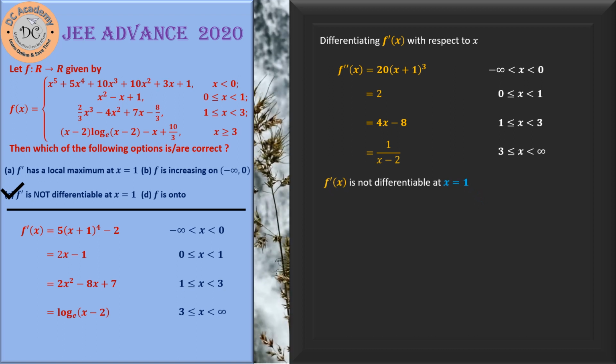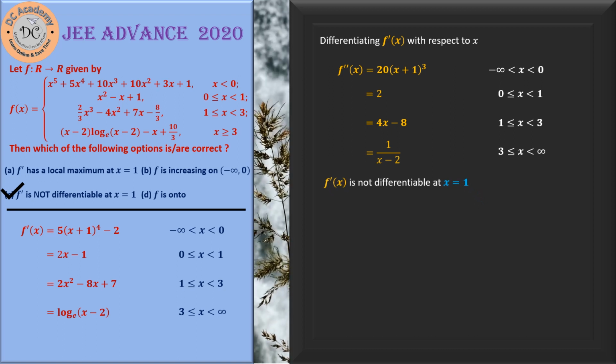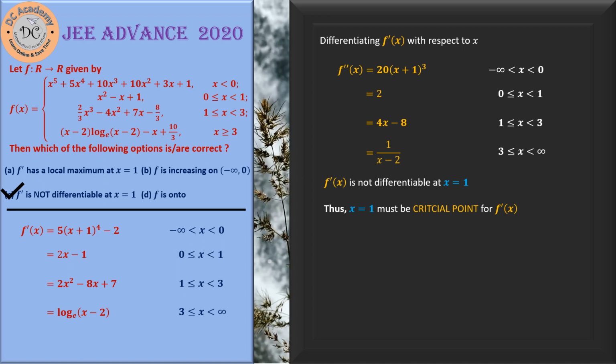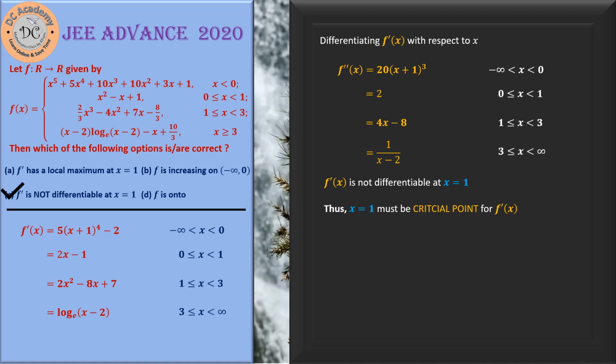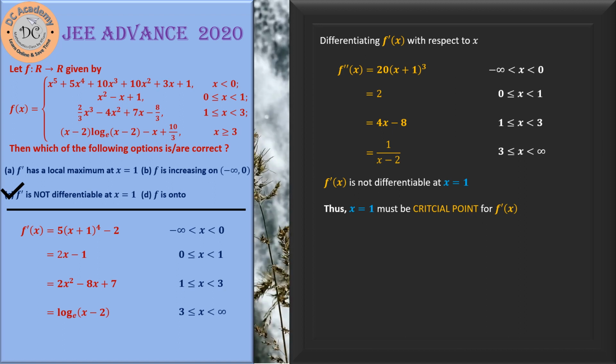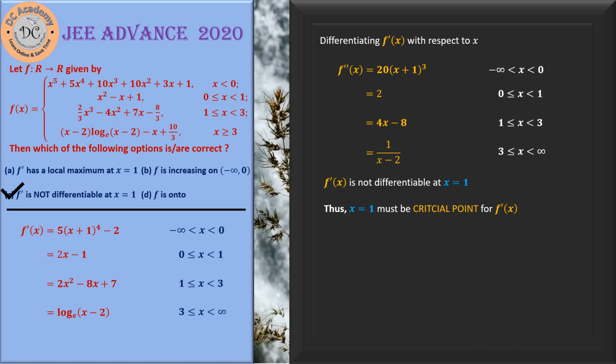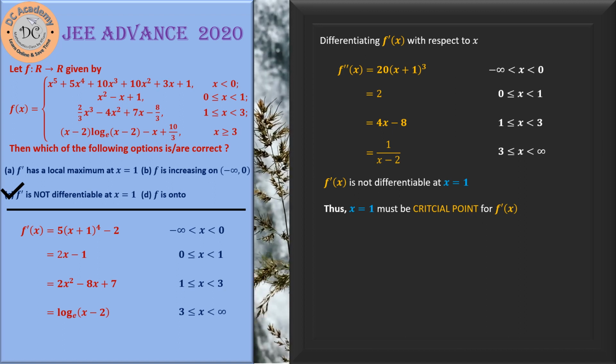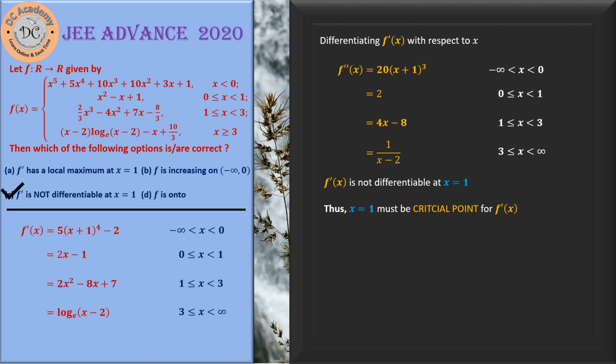We were trying to test option A, but we already found that option C is also correct. Now we have already seen that f dash x is not differentiable at x equal to 1, hence x equal to 1 is a critical point for f dash x, though f dash 1 is not equal to 0. As it's a critical point, we have to test whether it is a maximum or minimum.